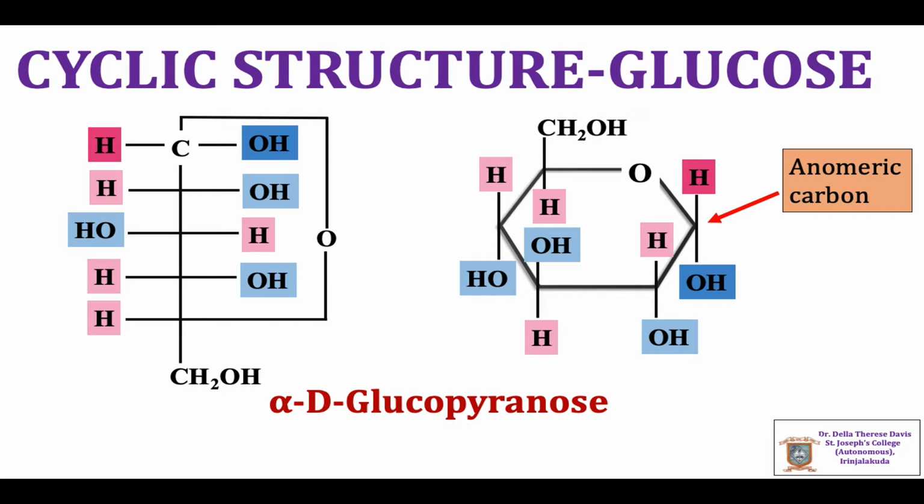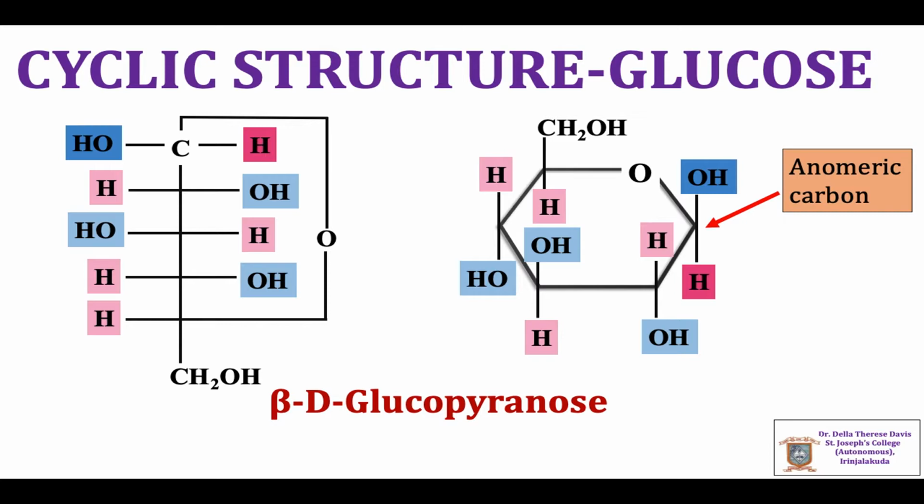And the new chiral center is called the anomeric carbon. This chiral center is formed due to cyclization and it is called the anomeric carbon. In beta D-glucopyranose, the configuration at the anomeric carbon is different from that of the alpha D-glucopyranose.